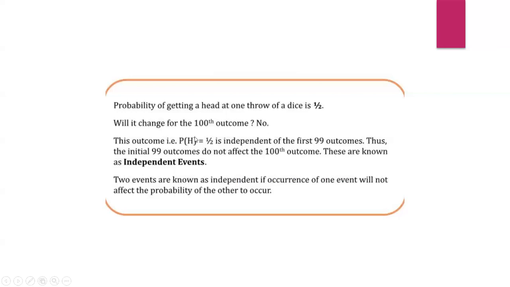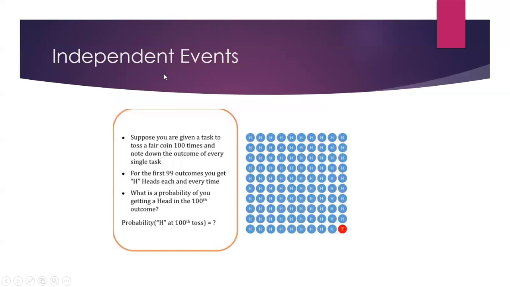Probability of getting a head is equal to event divided by sample space. What is the sample space? Head or tail. So the number of elements in the sample space is 2 and the number of favorable outcomes for a head is 1. So it is 1 by 2. Perfect. So now, why do we call this an independent event?